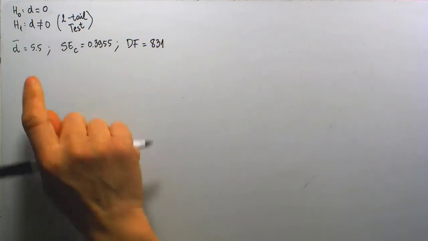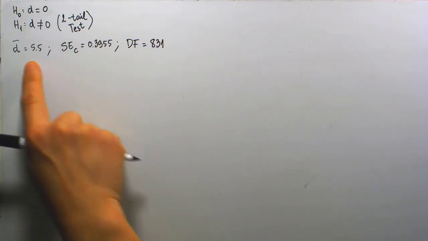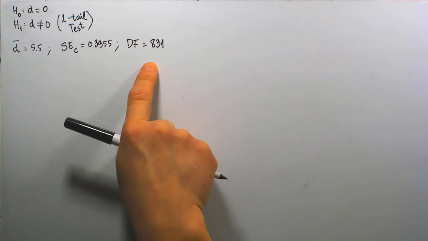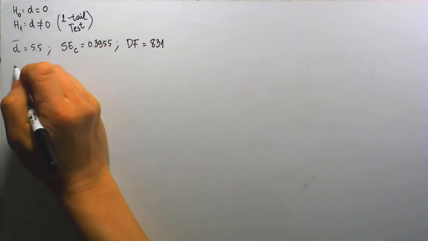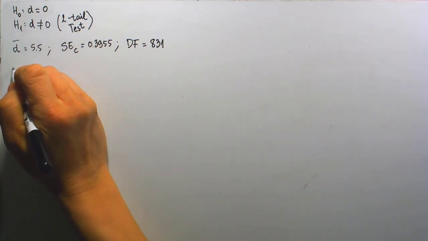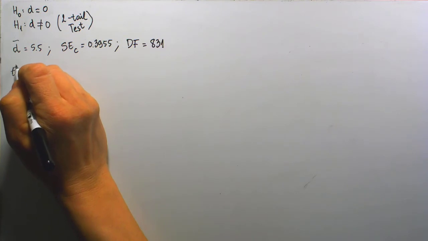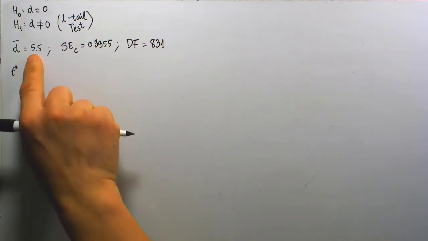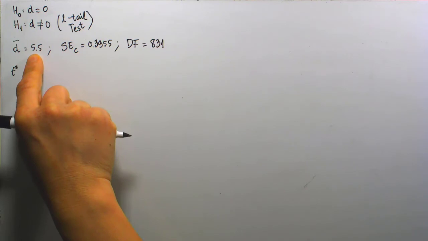Now, having our D bar value, SEC, and the DF for degrees of freedom, the next step is to calculate the T star value for our sample. Our sample is a sampling difference between the two sample means.